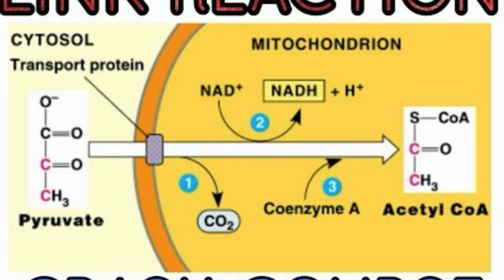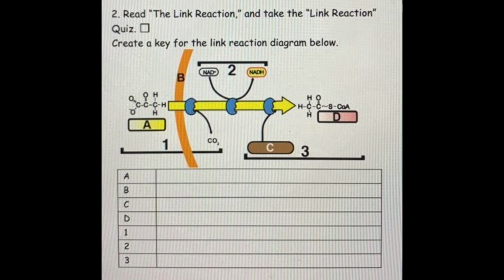Since there are 2 molecules of pyruvate generated per glucose, you should be aware that there will be generation of 2 acetyl coenzyme A, 2 NADH, and release of 2 carbon dioxide. And therefore, Krebs cycle has to turn twice per glucose molecule oxidation.